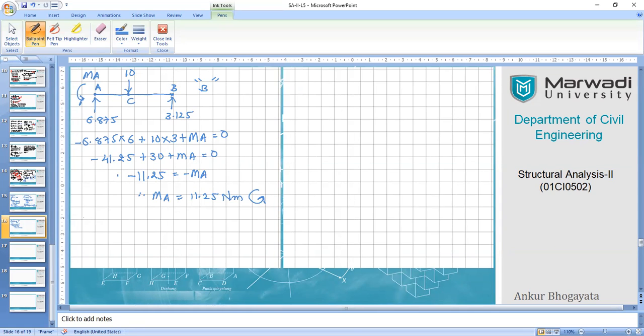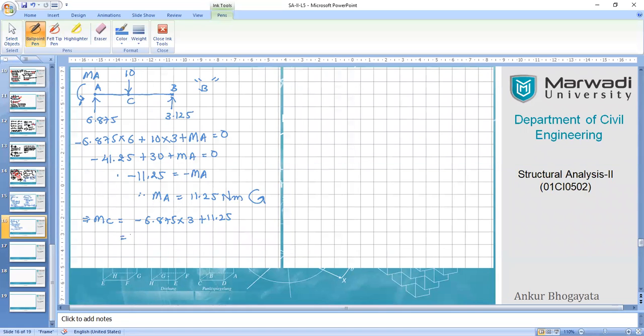So we can find here moment at C as reaction, that is negative 6.875 into 3, right? And since it is anti-clockwise moment, so plus 11.25.